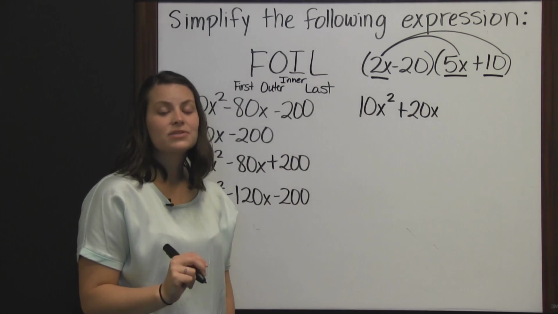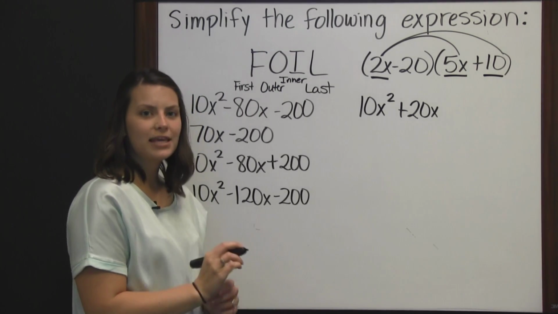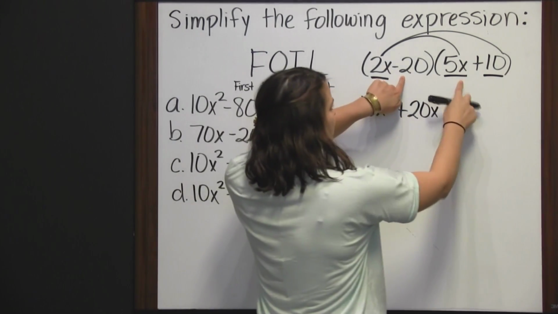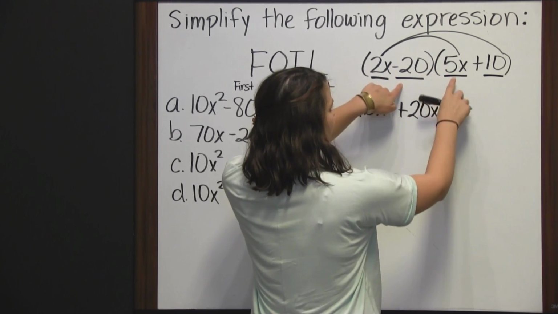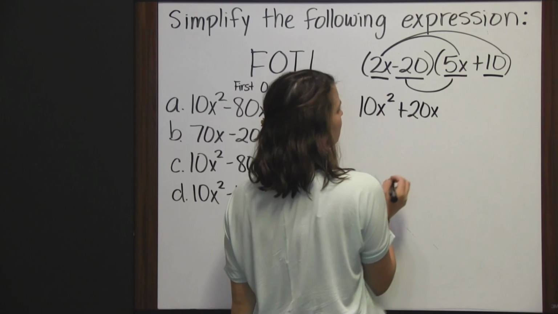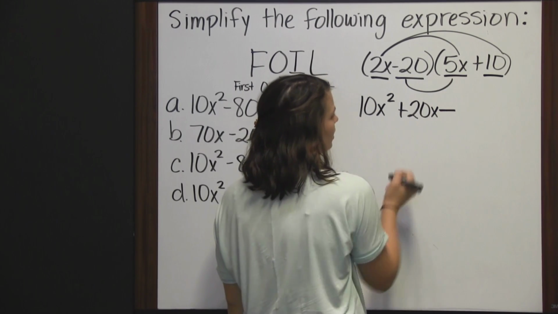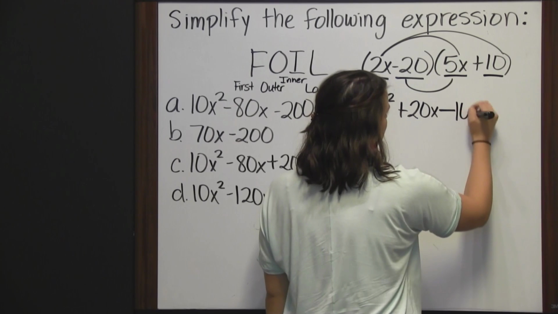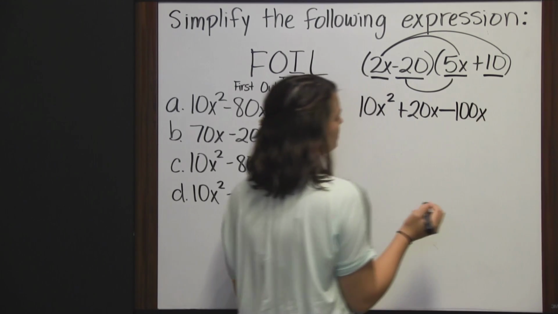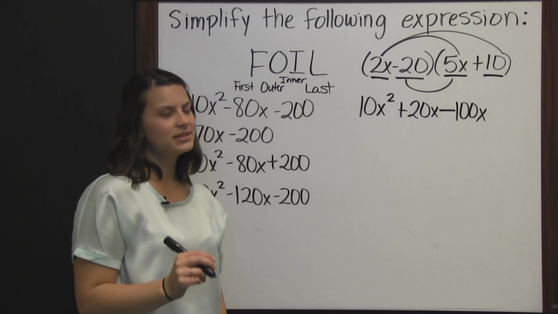I stands for inner. That means to multiply the two terms on the inside. So that would be this negative 20 times 5x. A negative times a positive is a negative. 20 times 5x is 100x. Then finally, we multiply the last terms together.